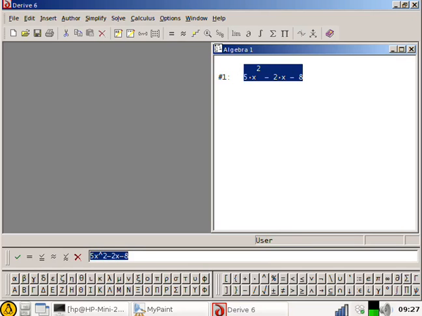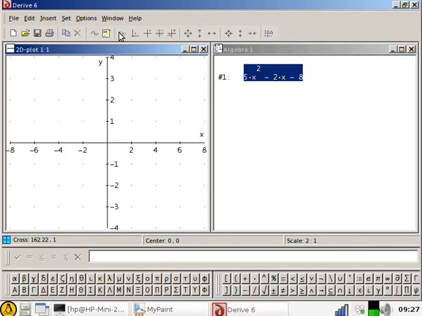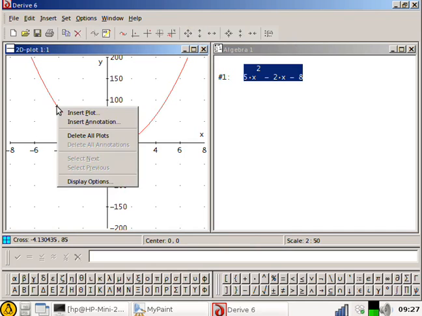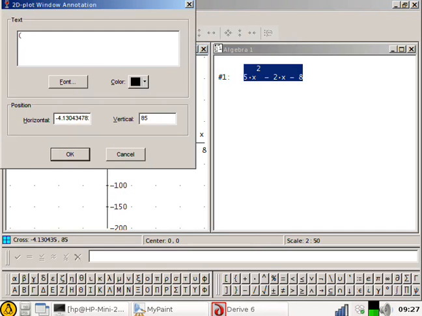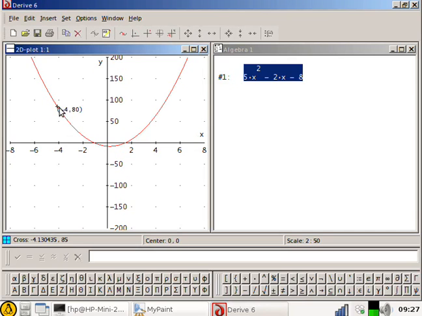Minus 8. Okay. And what was my point? It was minus 4 and 80. There we go. Minus 4 and 80, which will be about there. Let me mark it in. There it is, roughly there.